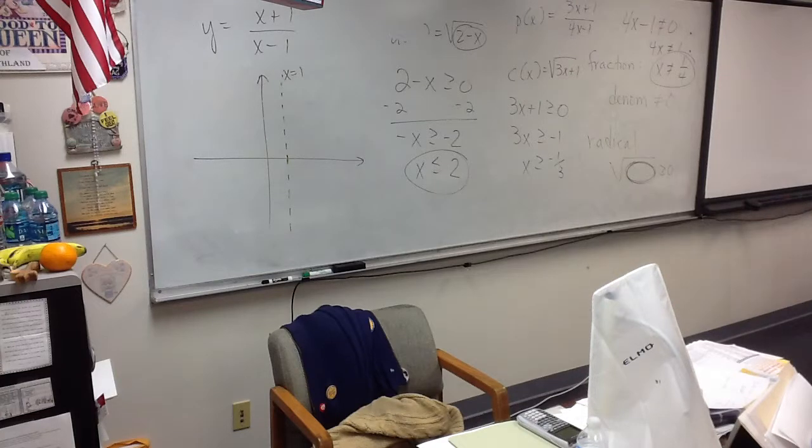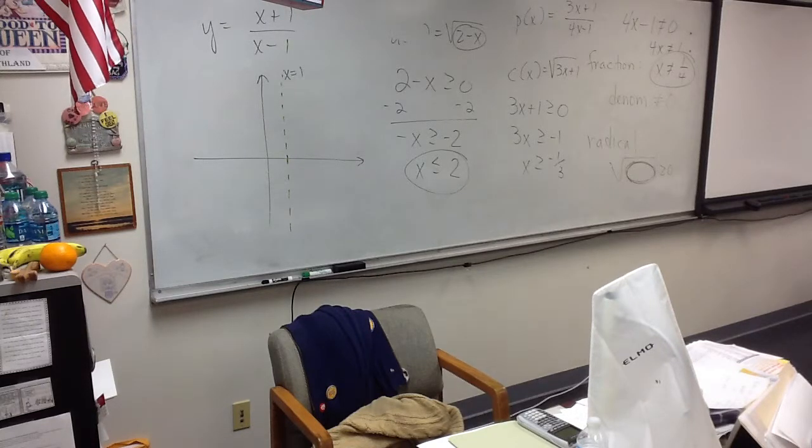Because what happens to my problem if I put 1 in for the x? Look at it. You get a 0 in the bottom, and that is never allowed. So we talked about it in terms of domain. Now graphically it means you have a vertical asymptote there. Whatever makes the denominator 0 is going to give you a vertical asymptote, period.